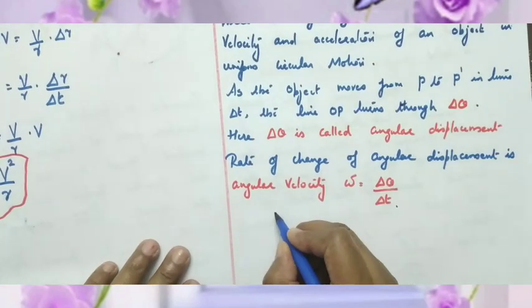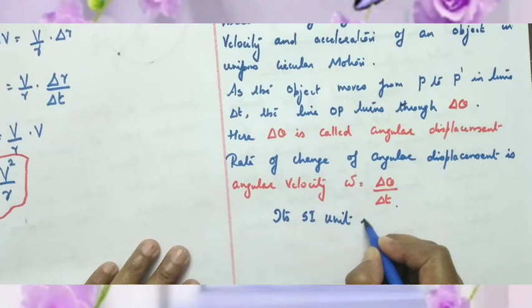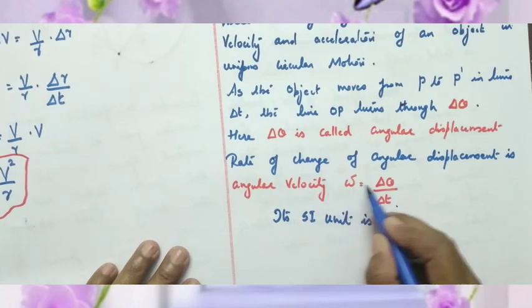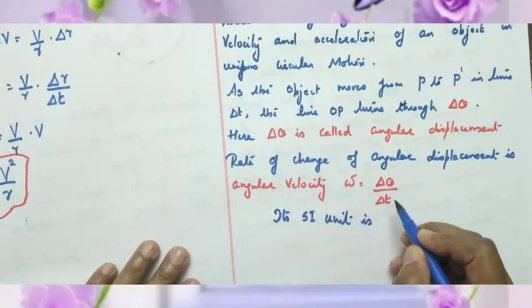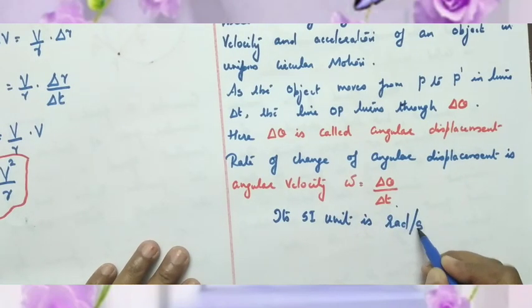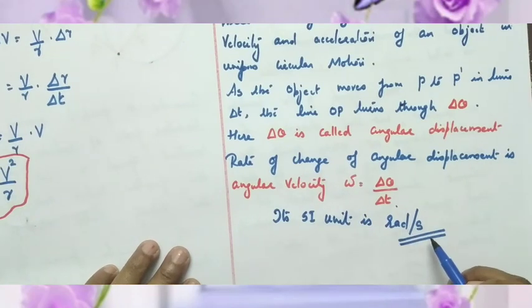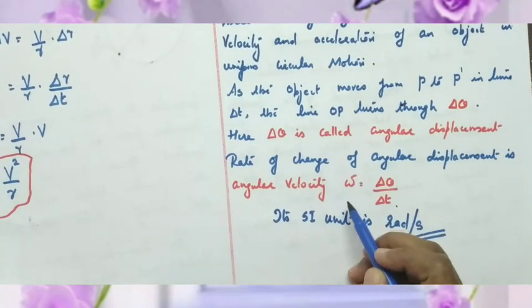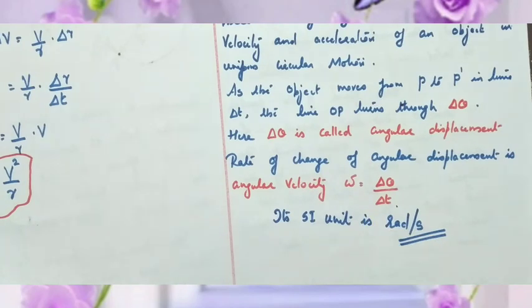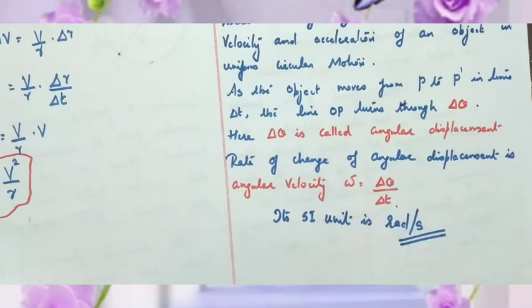The SI unit of angular displacement is radians, so the SI unit of angular velocity is radians per second, and it is represented by the Greek letter omega. Now we can derive the relation between angular velocity omega and linear velocity v.